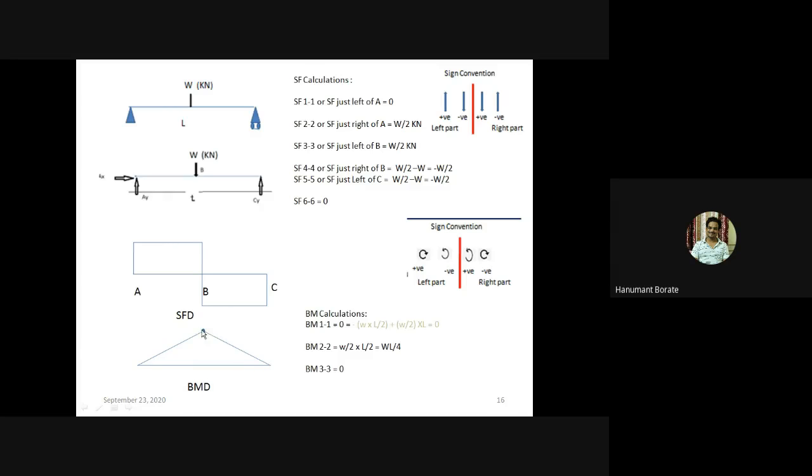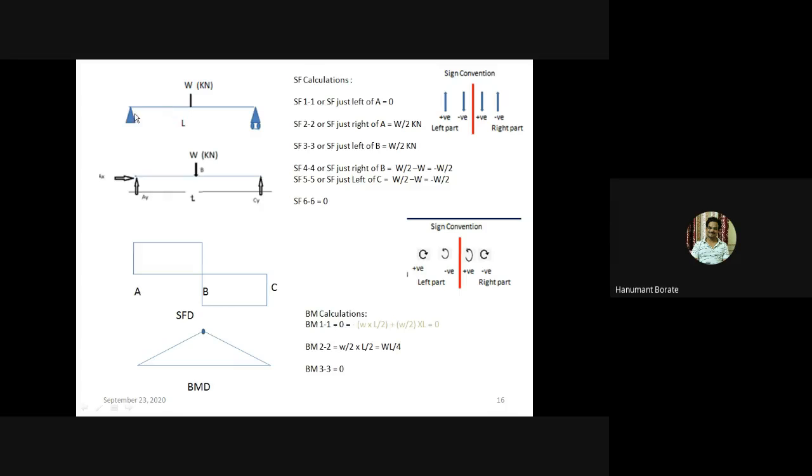But at the center point, the value of bending moment is WL by 4, right? Now in the SF diagram we joined the A and B points through a horizontal line, but here we have taken an inclined line. You can see here at the B point we got the value WL by 4.